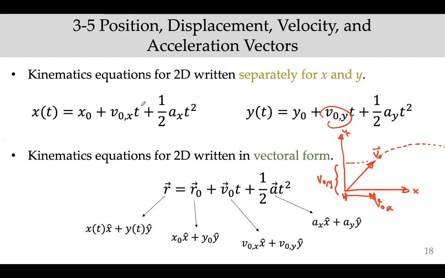Of course, time doesn't have any components. Time is the same in both equations. And you also have ax and ay, the x component and y component of acceleration. For this particular problem, if you have a projectile motion, the only acceleration is gravity, right? g.